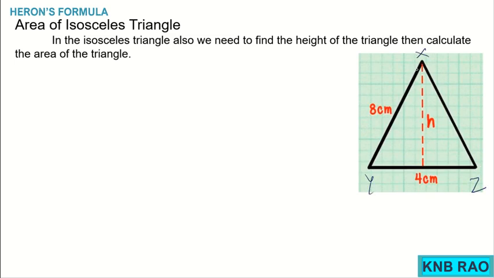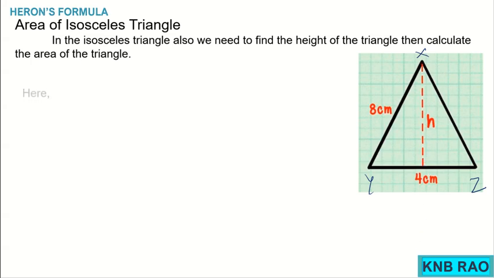In this, XY equals XZ, that is 8 centimeter, whereas YZ is 4 centimeter. So, in the isosceles triangle also we need to find the compulsory height of that isosceles triangle, then go for calculating the area of it. How to find this height h centimeter?